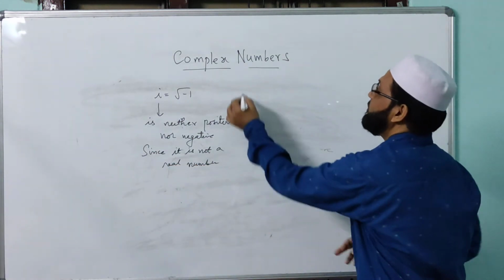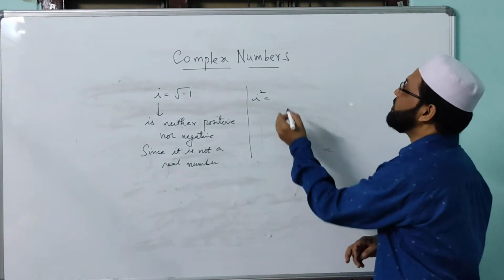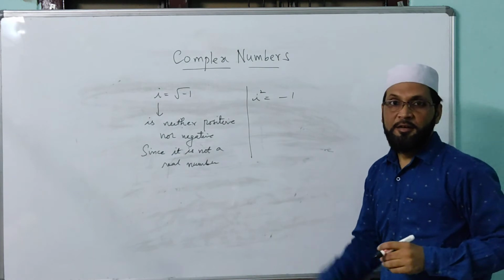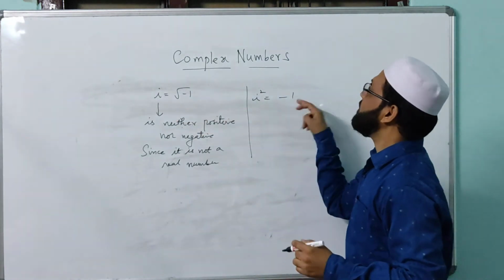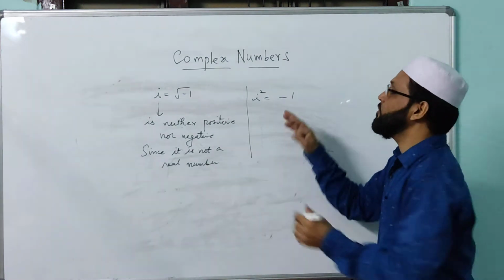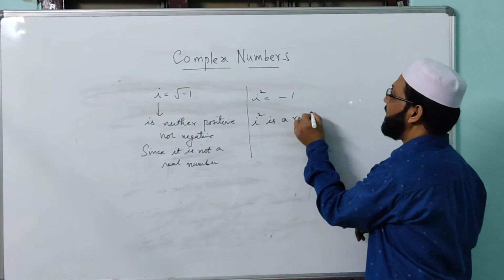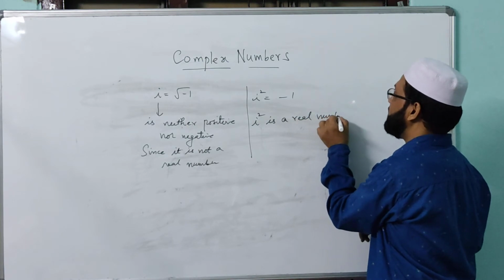But if you square this, iota square will be equals to -1, where -1 we know is a real number. So we can say that iota square is a real number, but iota is not a real number.